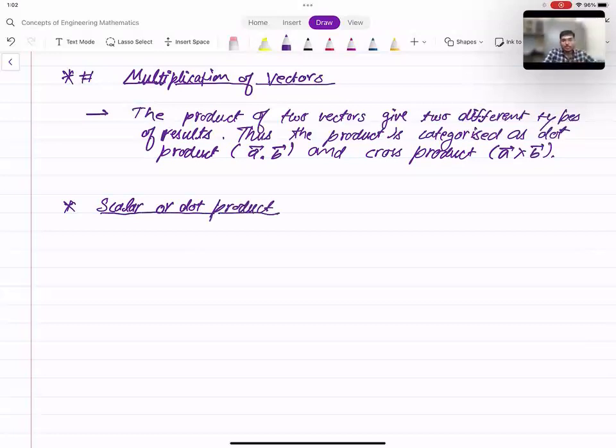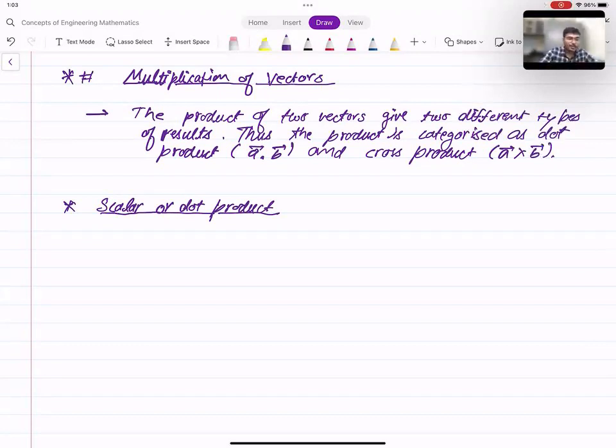So the scalar product is defined as, suppose we have two vectors, vector A and vector B, then in this case, the dot product will be defined as magnitude of A multiplied by magnitude of B multiplied by the cosine of the angle between the two vectors.